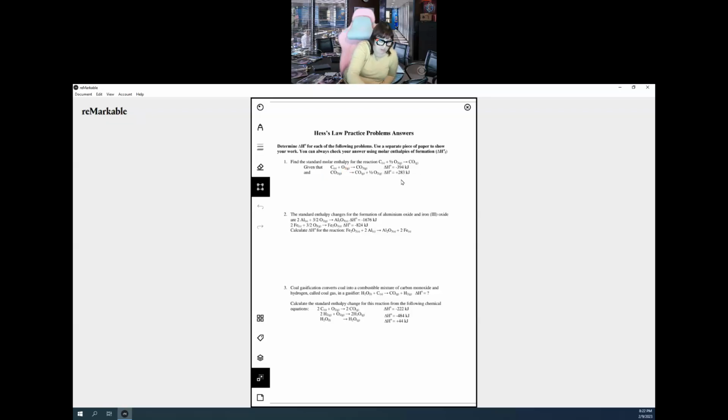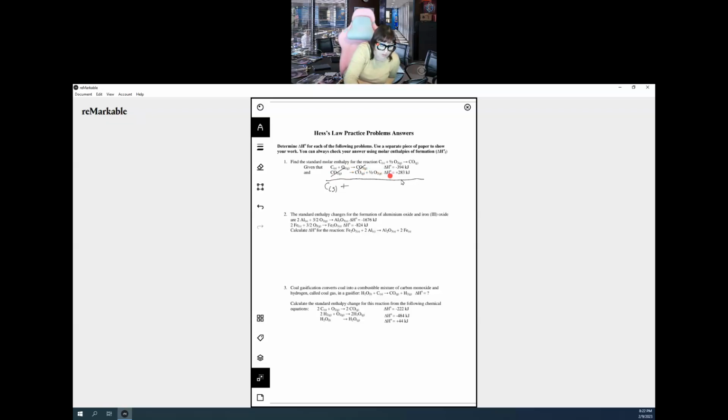Now, when I do that, what I end up with is C solid plus, and my CO2 cancels. It's CO2 over here.